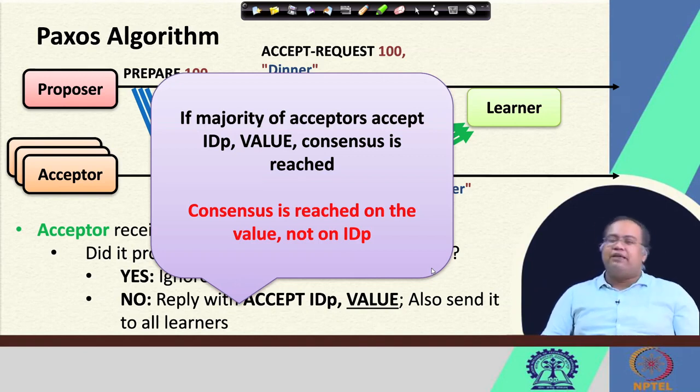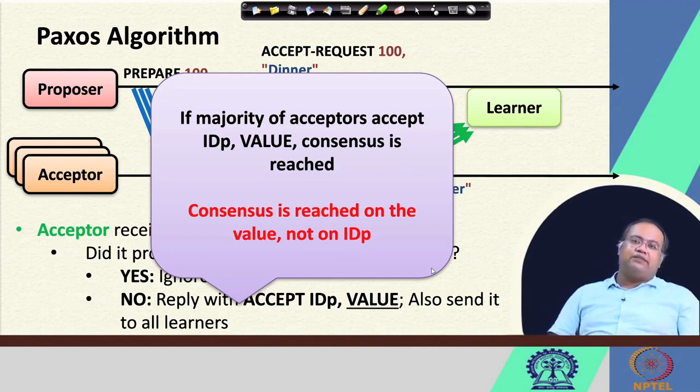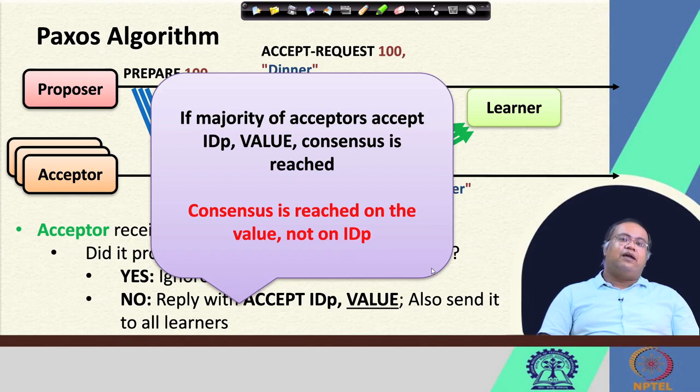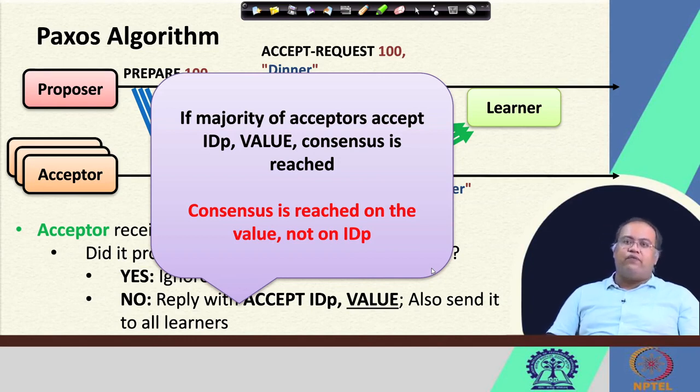If you remember the example I mentioned earlier, one of your friends had accepted dinner, and then thought, well, we are going for dinner at 9 p.m., so I have 2 hours in hand, let me go for a short sleep. By that time, while the friend was sleeping, the other friends came to a consensus on a different value.